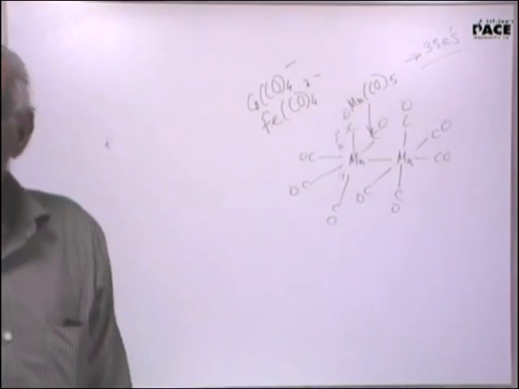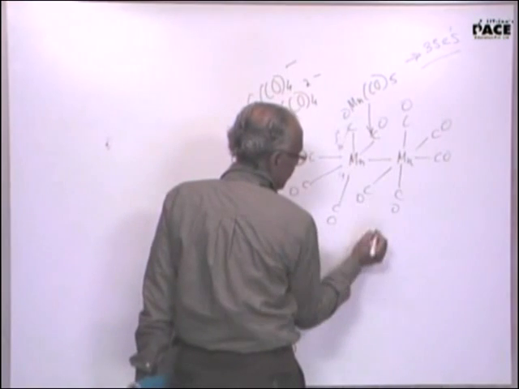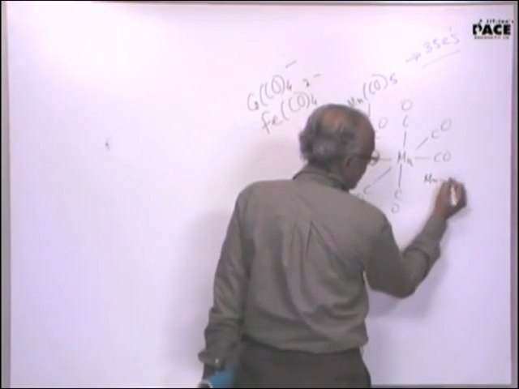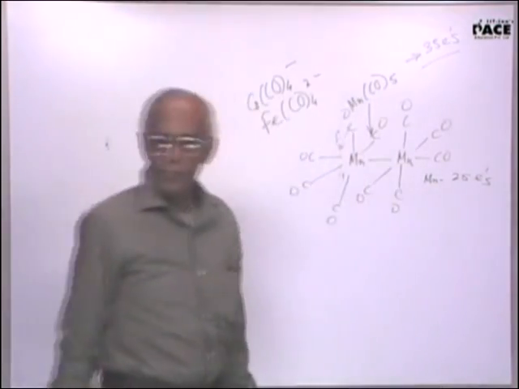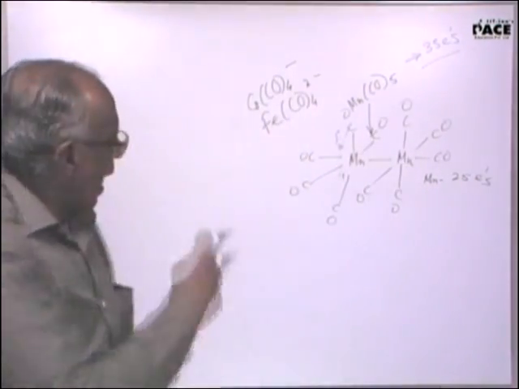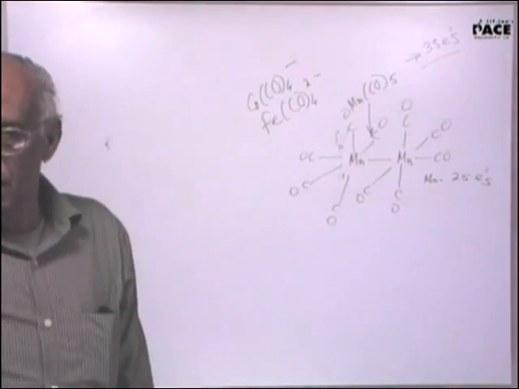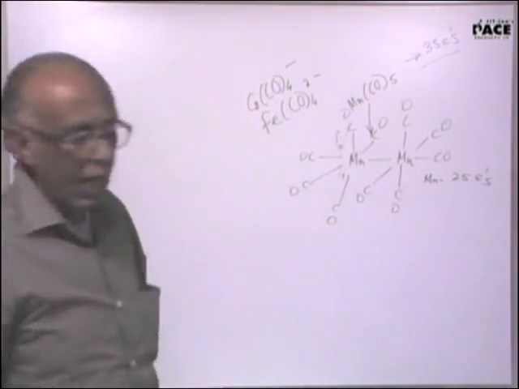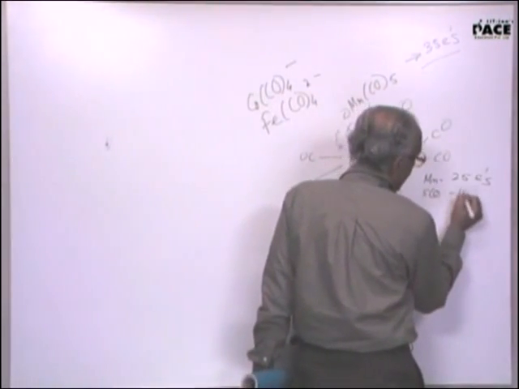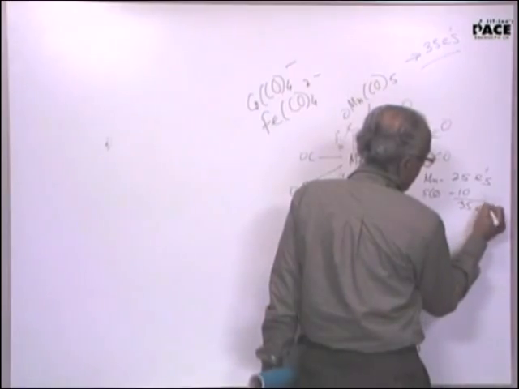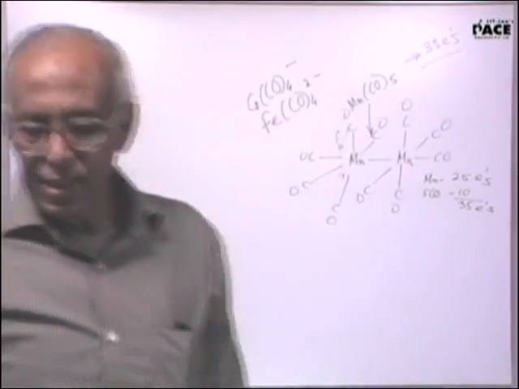In that case, manganese atomic number is 25, that means 25 electrons are there, and 5 carbon monoxide, each one donates 2 electrons. So 5 into 2, so it is 1 short of 36.